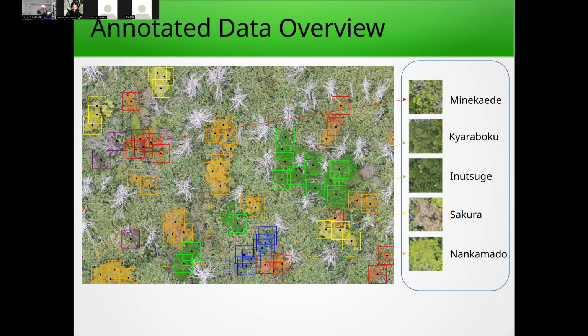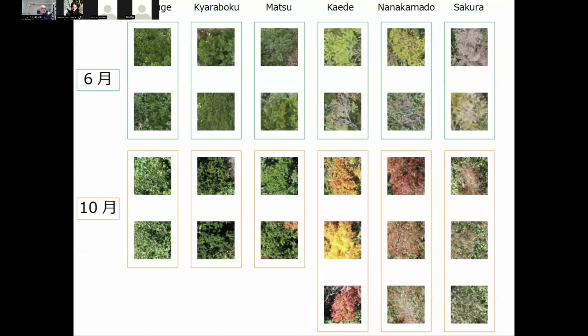By the way, all of these white things are the dead fir trees as a result of successive insect infestations in a fir forest that is the one that sustains the very touristic Zhao snow monsters. We have here some examples of patches that we built, and as you can see, this is a complex problem.